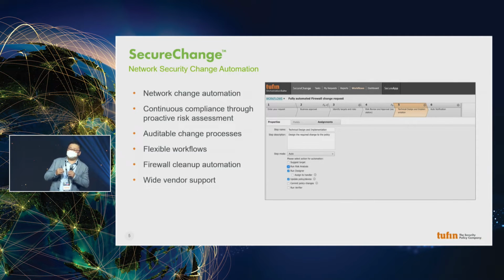When a user submits a change request, for example, I want to go from this source to this destination on these services or this port, and I put it into SecureChange, SecureChange analyzes this information and automatically tells the firewall administrator or security administrator which firewalls and which routers they need to go to in order to make the change.